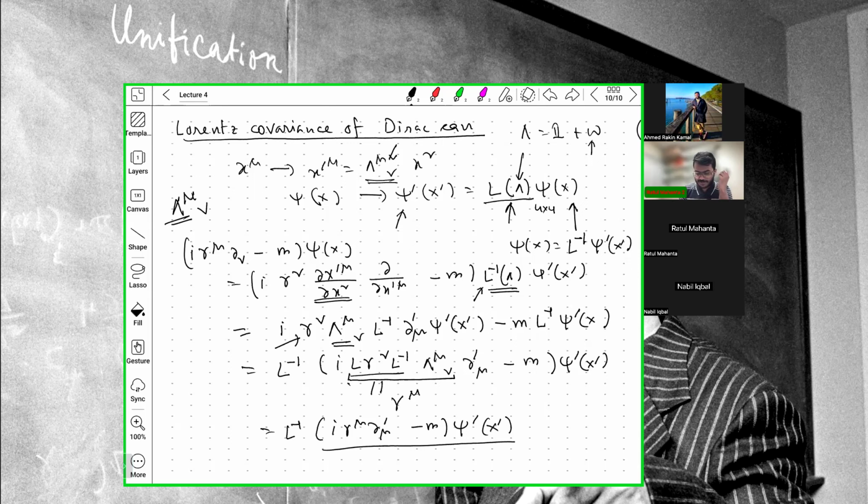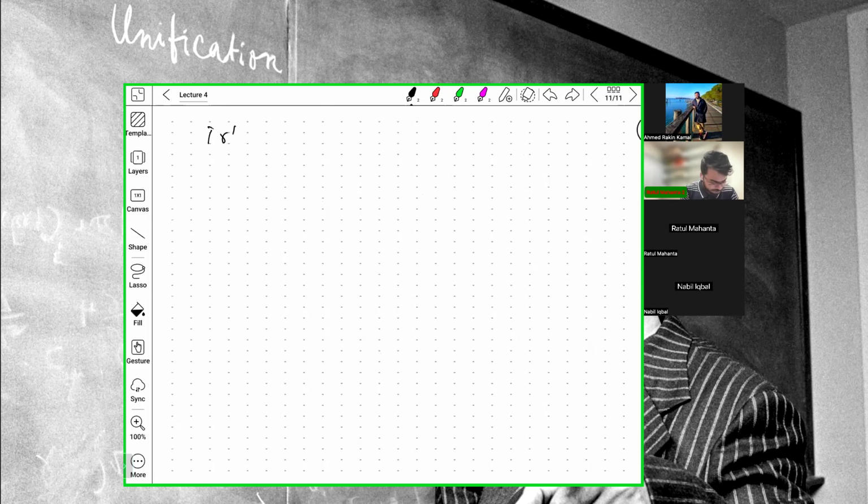So if it is valid in one system, say suppose you require it to be valid in this reference frame, and the other one is nothing but L times, okay, so this will tell you that Dirac equation is nothing but Dirac equation in the other untransformed frame.